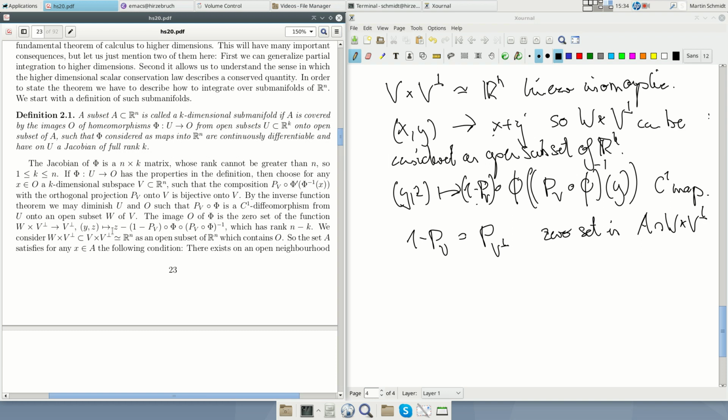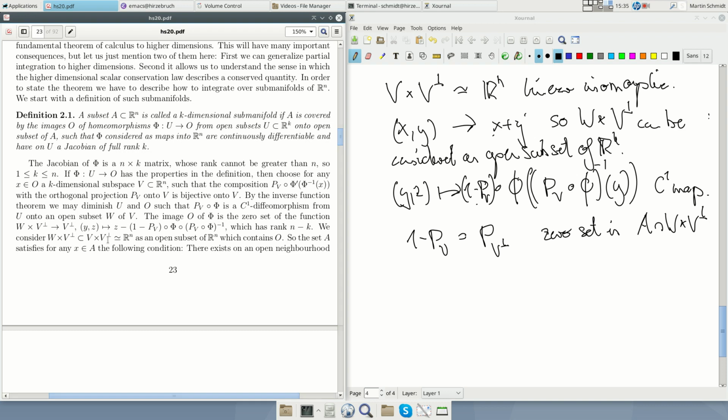It can have at most rank n minus k because the dimension of the image is n minus k. But since we have the identity map in the independent variable, and the dependence on y sits in the rest, already the partial derivative with respect to the first variable is 1.